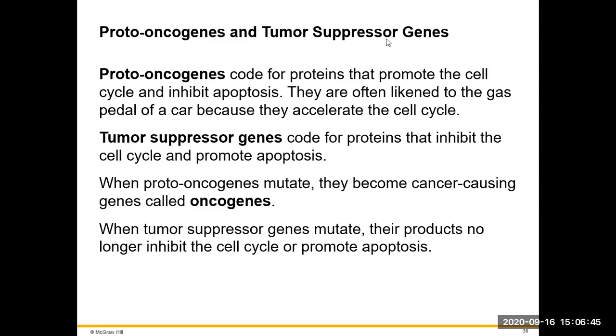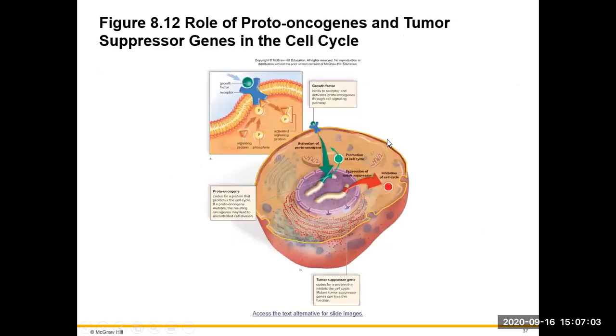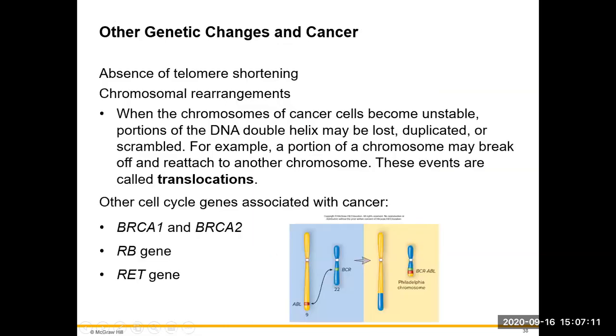Either way, we're going to have cancer because of that. When proto-oncogenes mutate, they become cancer-causing genes called oncogenes. When tumor suppressor genes mutate, their products no longer inhibit the cell cycle or promote apoptosis. This is how the proto-oncogenes and tumor suppressor genes in the cell cycle work.